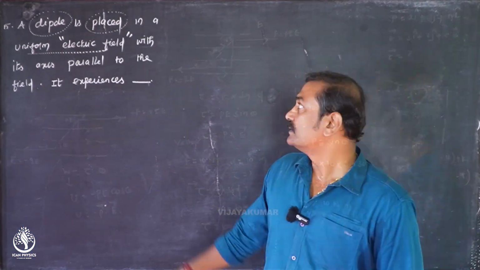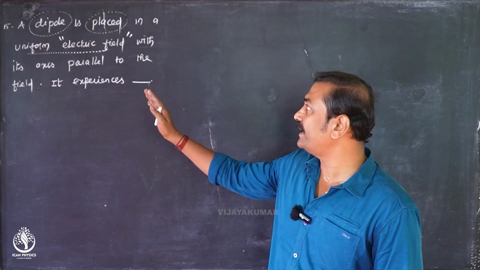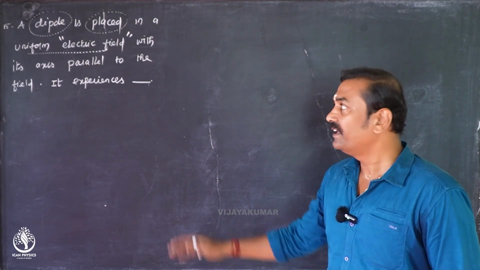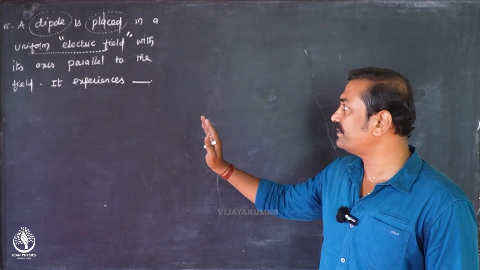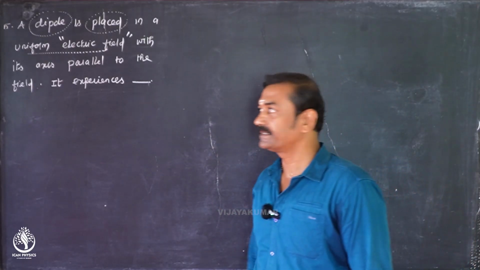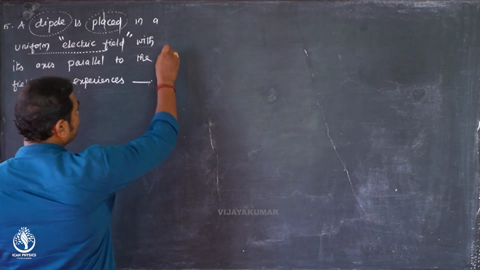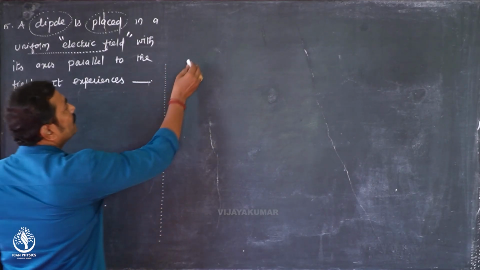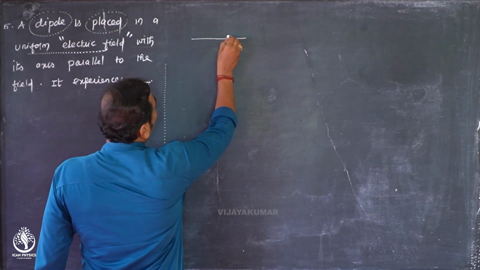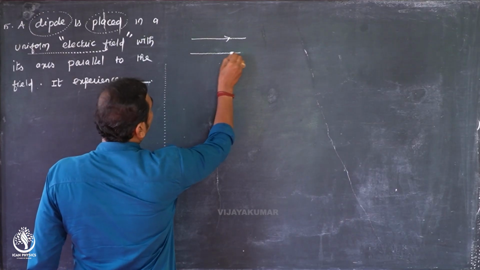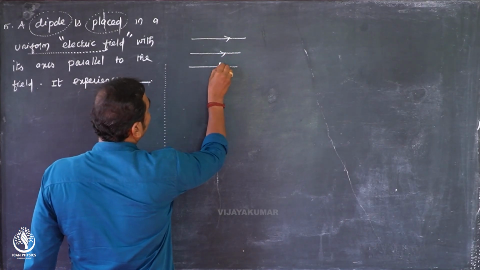Okay, fine. A dipole is placed in a uniform electric field with its axis parallel to the field. Let us consider the uniform electric field.